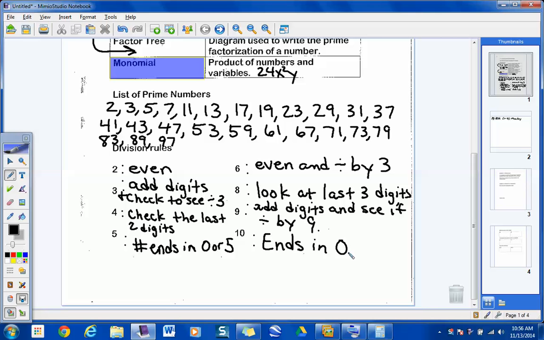Oh, 7. 7, right? Let's put a rule up here for 7. Here's the rule for 7. You ready for it? Check it in your calculator. Which you could do with all of these, couldn't you? Sure. But I'm just trying to help you speed things up.